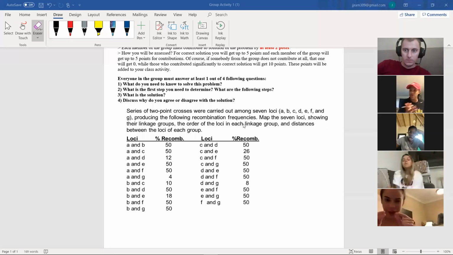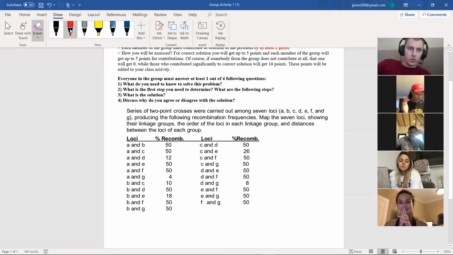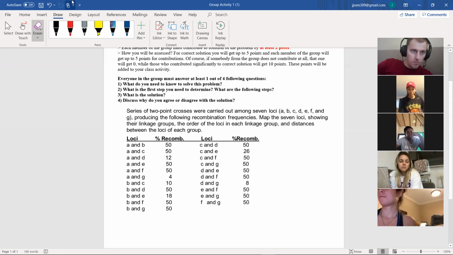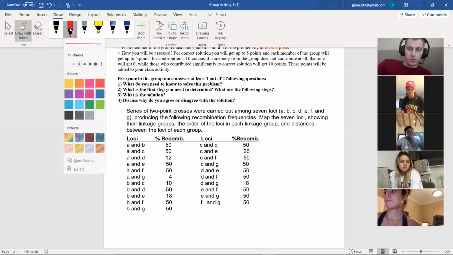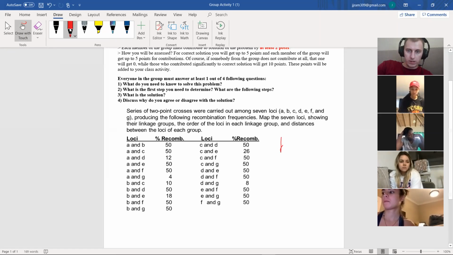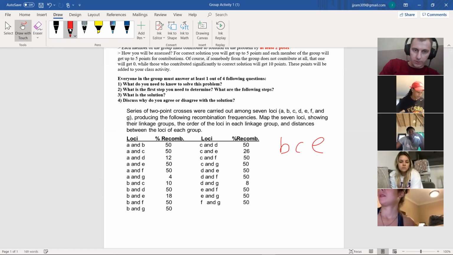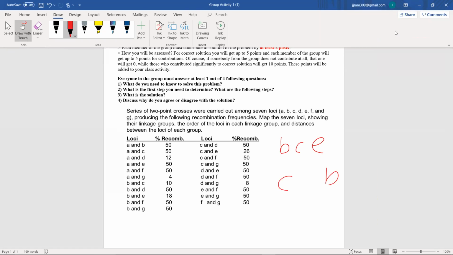Okay, a little faster. So basically, long story short, on this problem, we already solved the first linkage group, and the second linkage group was B, C, and E, in which we found the correct order was C to B to E. Sorry, I was annotating on Zoom.